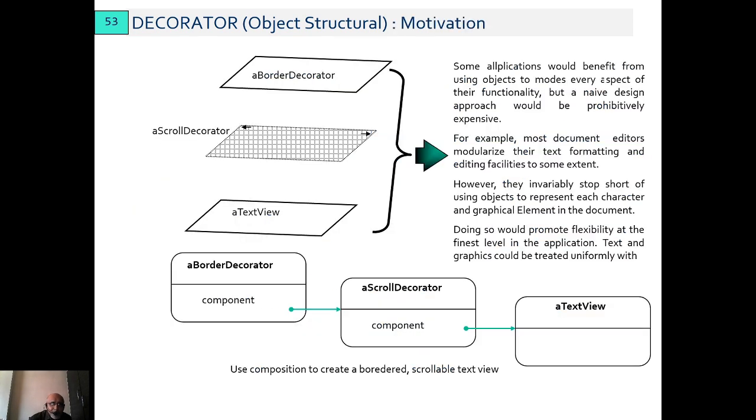You have an example here: a border decorator is having the scroll decorator and can have the text view. So three separate representations. You draw a border, you go forward for the grid formulation, and within that you can write down certain text, right? Decorator.